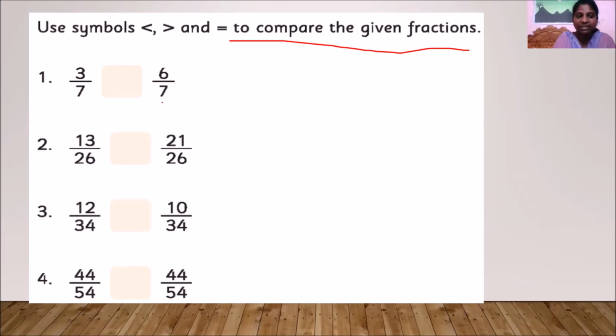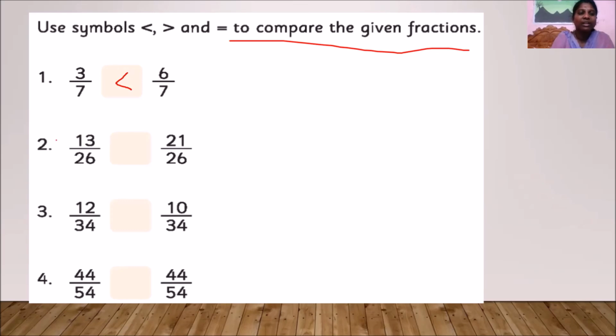Next step is you have to compare the numerators. On the left hand side we have 3. On the right hand side we have 6. Which is the smallest number? 3 is the smallest number. So 3 by 7 is less than 6 by 7.